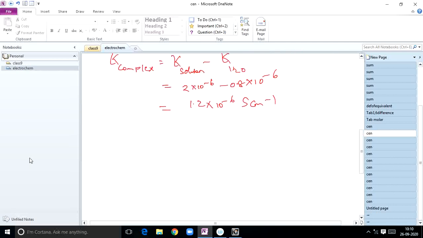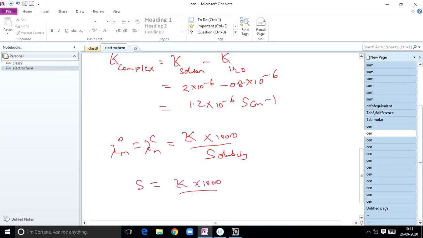After that you already know the relation: lambda m naught is equal to lambda mc, because it is a sparingly soluble salt. That is equal to kappa of complex into 1000 by solubility. So from this we can calculate solubility, students. Directly, solubility is equal to kappa into 1000 by lambda mc.